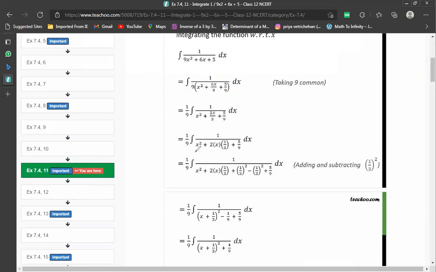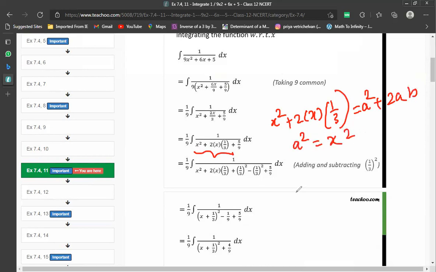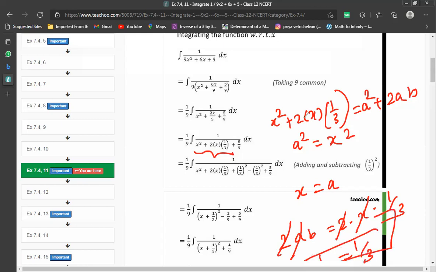So now let's take the first two terms and we can express this using the completion of the square method. So x square plus 2 into x into 1 by 3 can be written as a square plus 2ab. So a square is x square, which means x is a. 2ab is 2 into x into 1 by 3, means 2 and 2 will cancel out each other, a and x will cancel out each other, and b is nothing but 1 by 3.